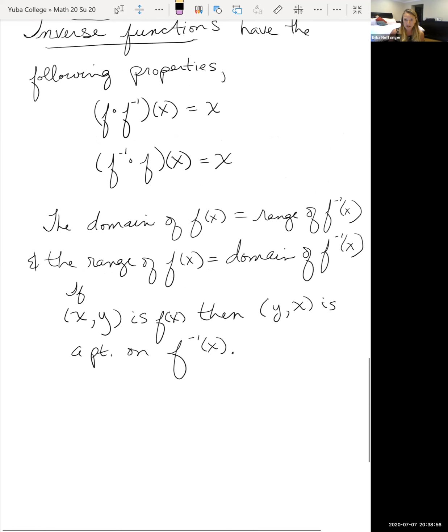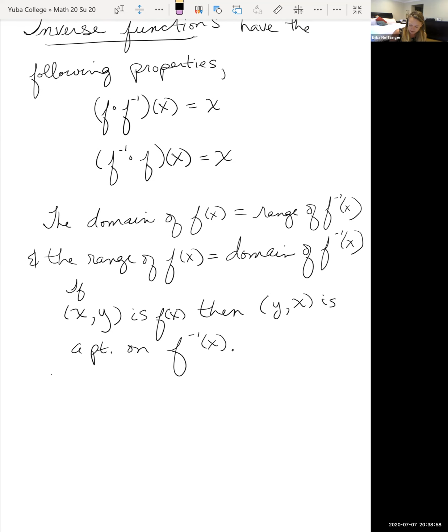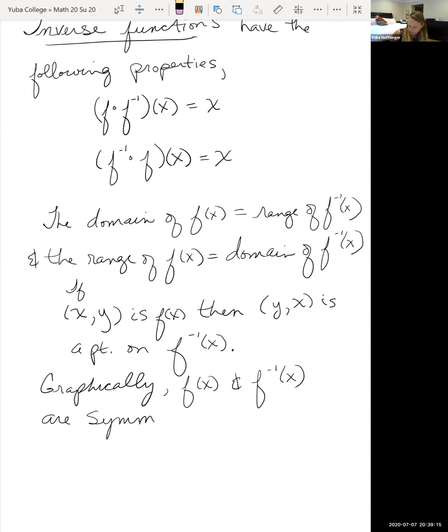One other property, graphically, f of x and f inverse of x are symmetrical across the line y equals x.